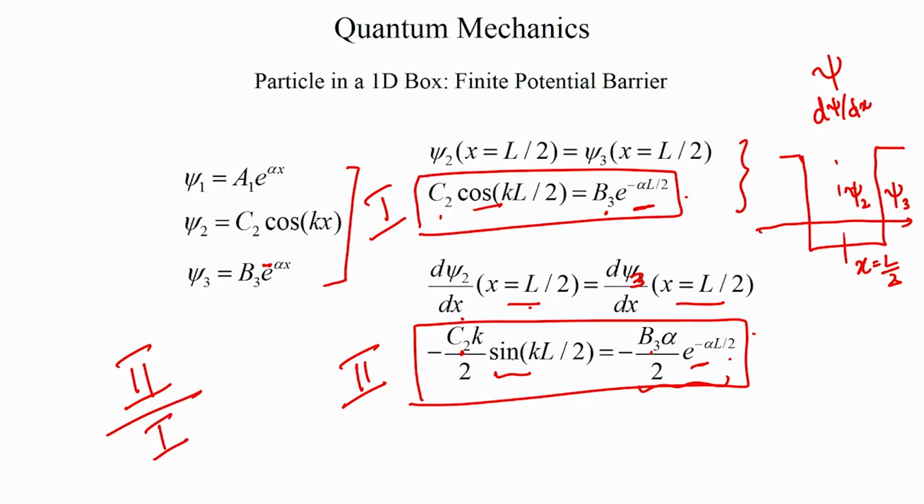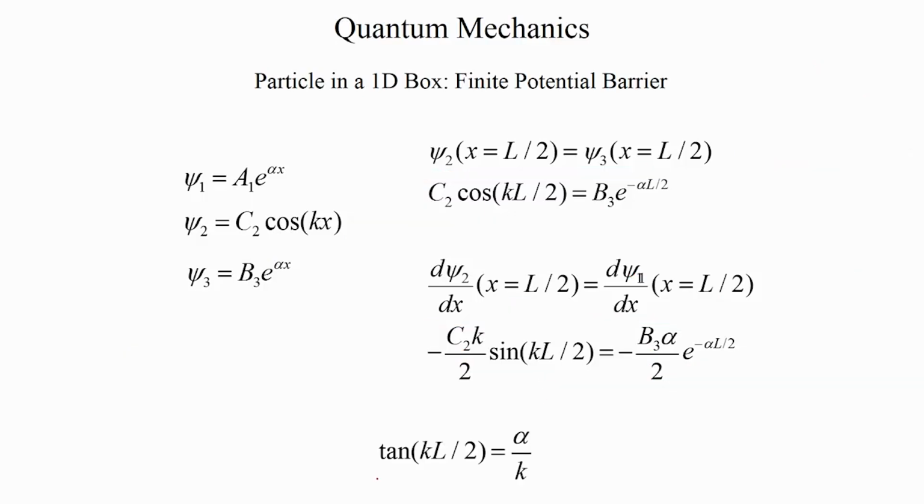Okay. So, the negative signs have already gone, the 2 will disappear, and if you were to divide this term by that term, then you will end up with the condition that the tangent of KL by 2 is equal to alpha by k.